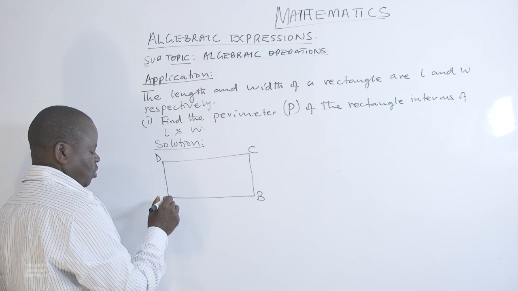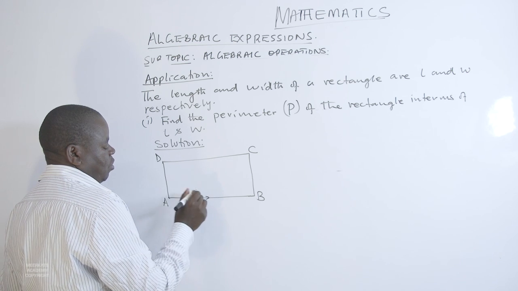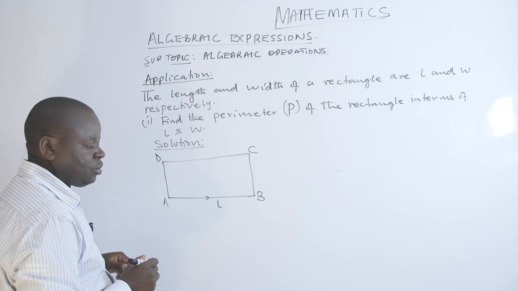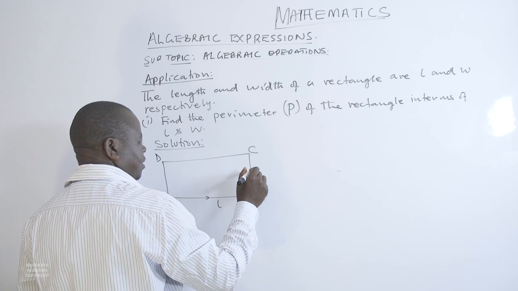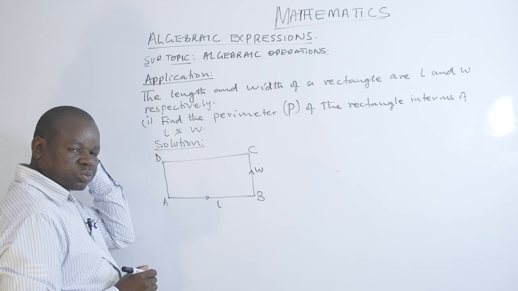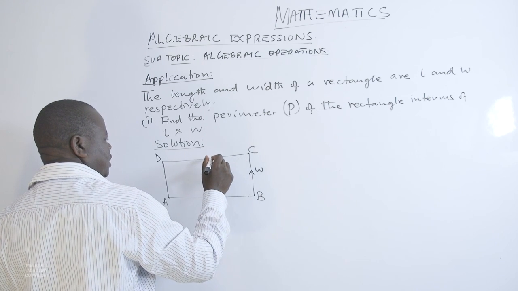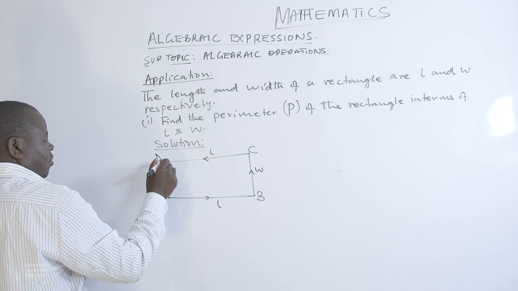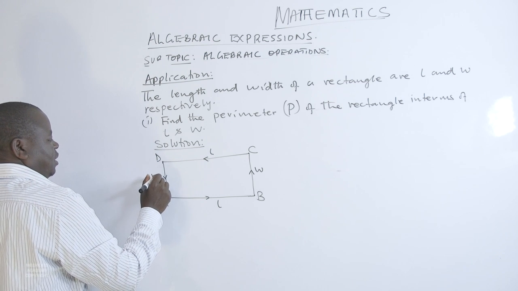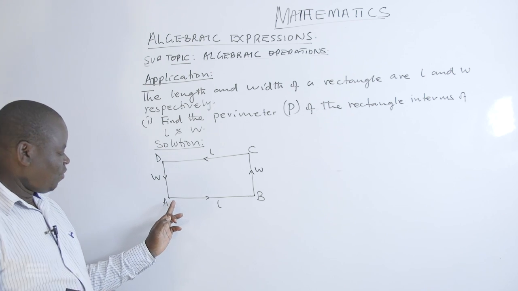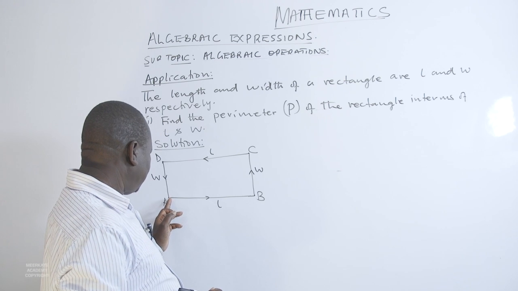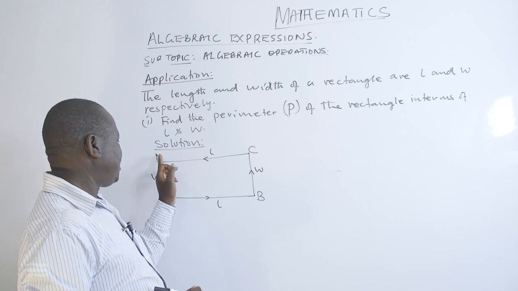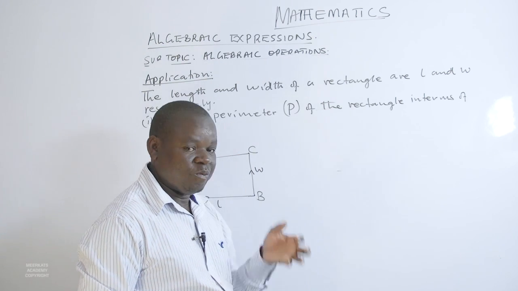So when we start from A, we move towards B, up to point B, that is L. We move from B to C, that is W. We move from C to D, that is another L. Then from D we go back to A, that is another W. So you can see how we are moving: A to B, B to C, C to D, and then D to A, back. So that will be the perimeter.